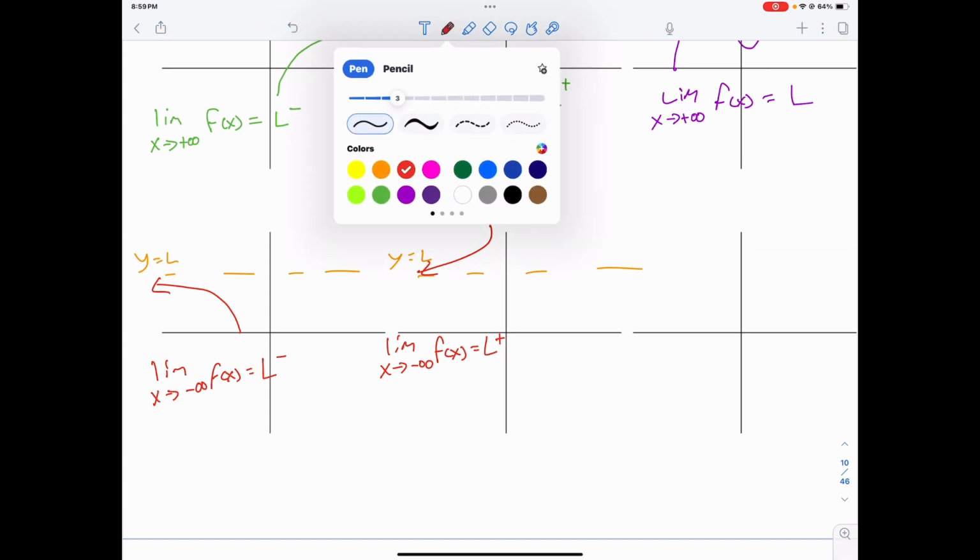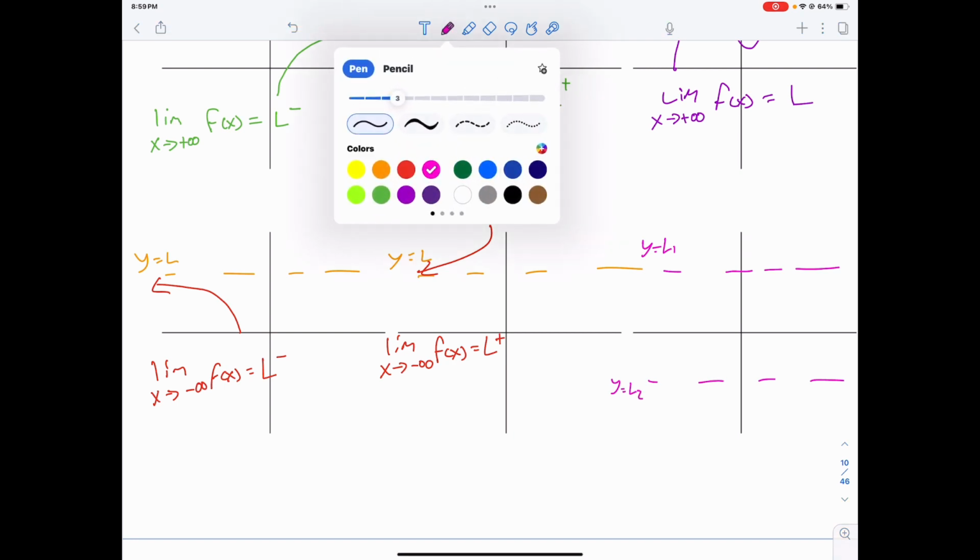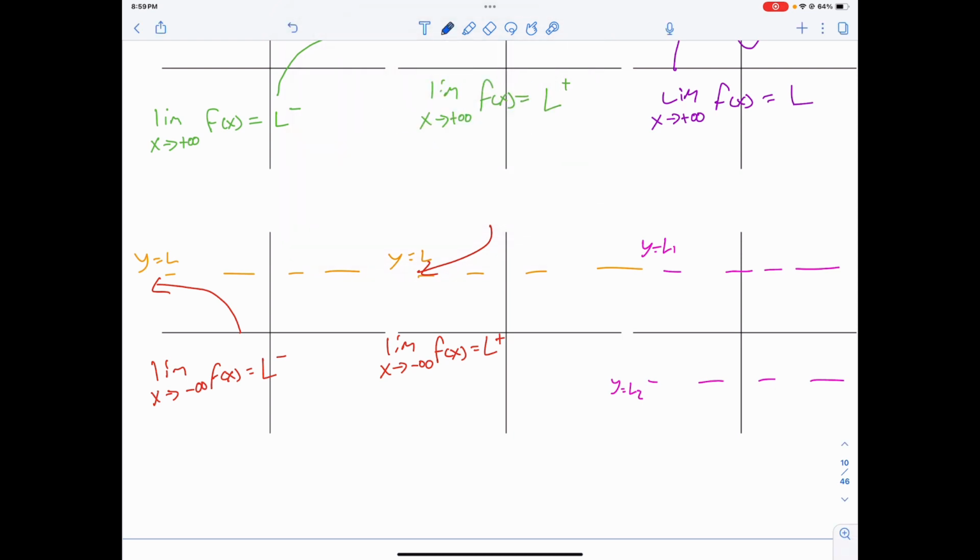We can also have cases where we could have two separate asymptotes. So I could say that y is equal to L1 and y is equal to L2, where it could approach one of them as it approaches positive infinity, and it could approach one of them as it approaches negative infinity.